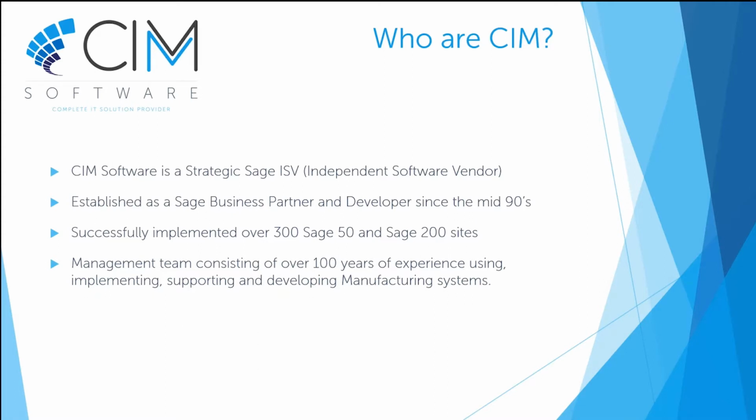And back in August of last year, we became a strategic ISV, independent software vendor, for Sage. What that means is that we're a level up from a Sage developer, and we were invited by Sage to get our product fully accredited and added to the Sage price list.